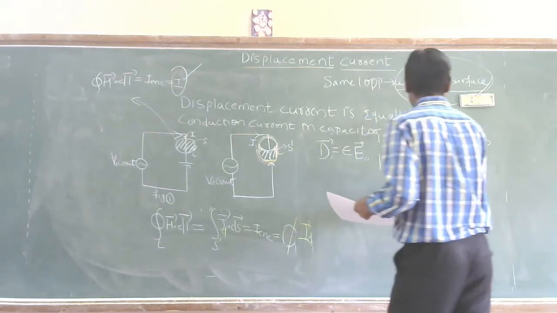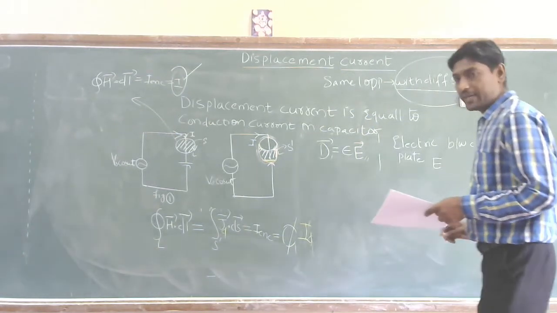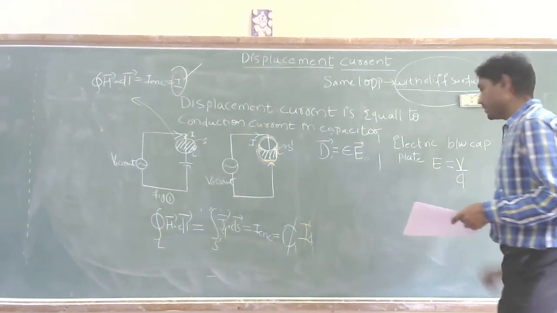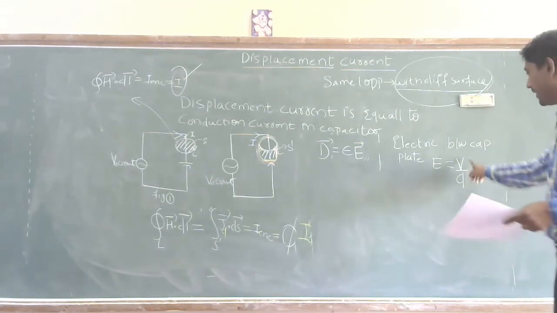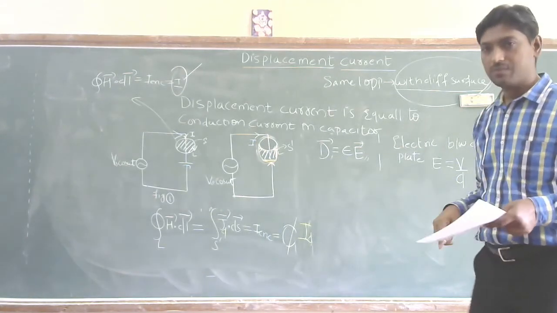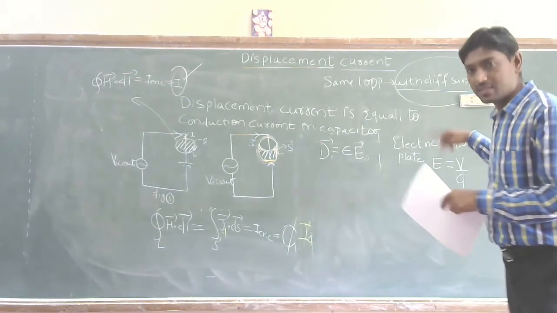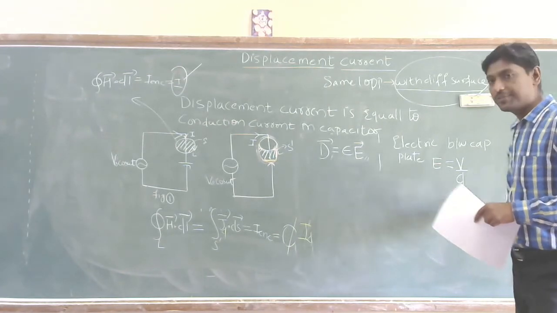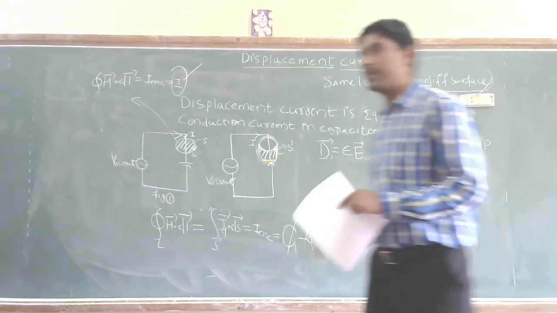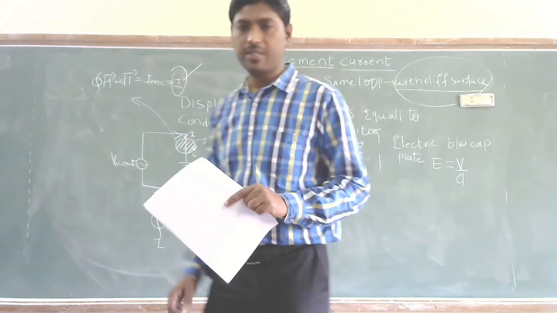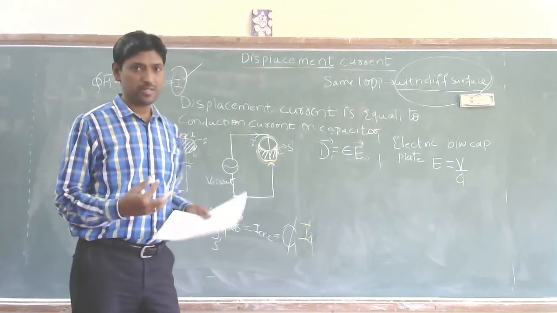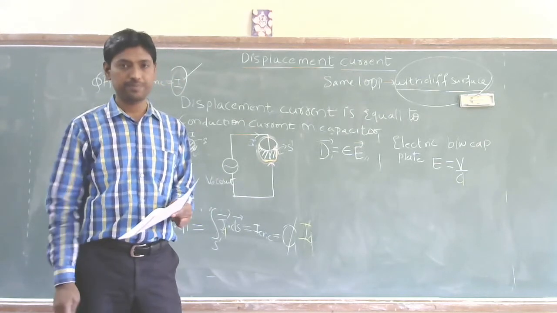in terms of magnitude, is given by E equal to V by d. That's quite simple. V is the potential difference of the capacitor, and d is the distance between the parallel plates. This fact we have also seen in the topic of Poisson's and Laplace's equation, where we derived the capacitance of different configurations.